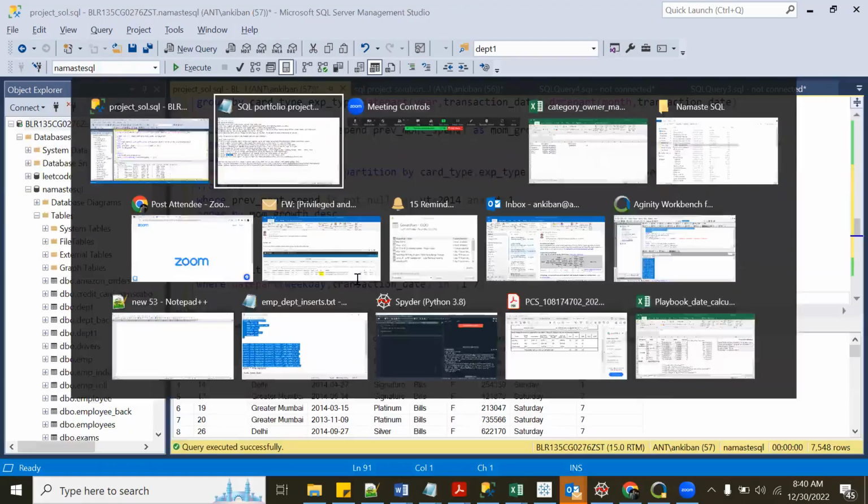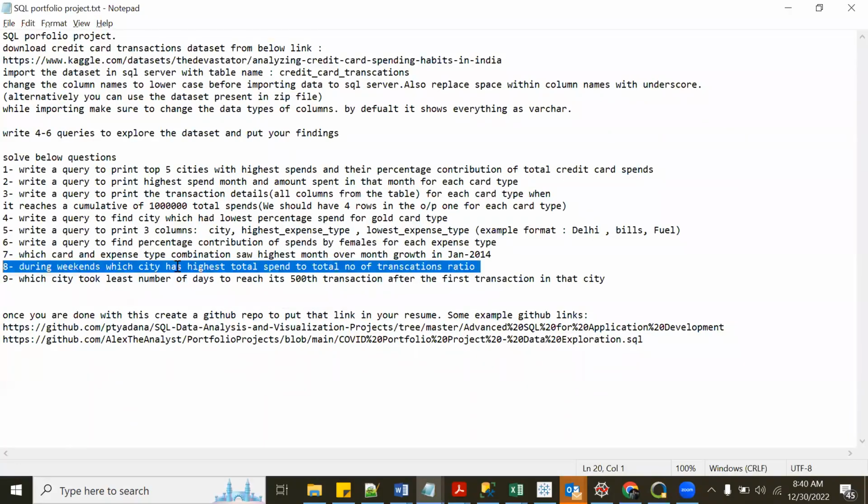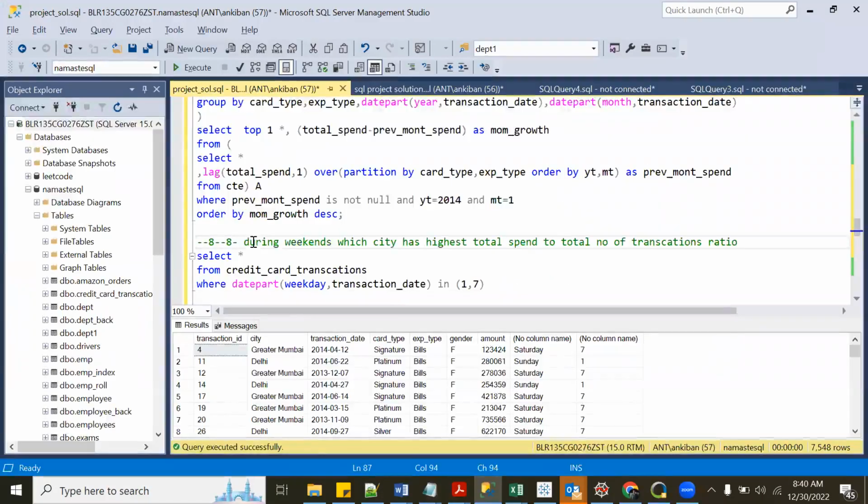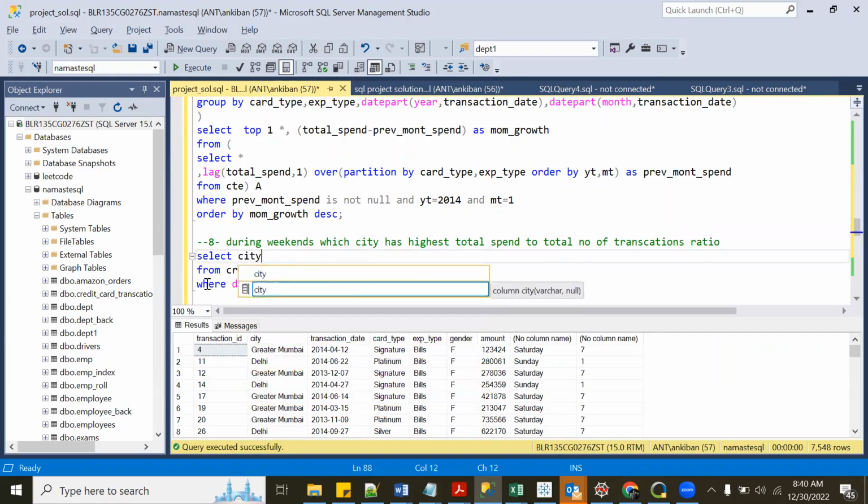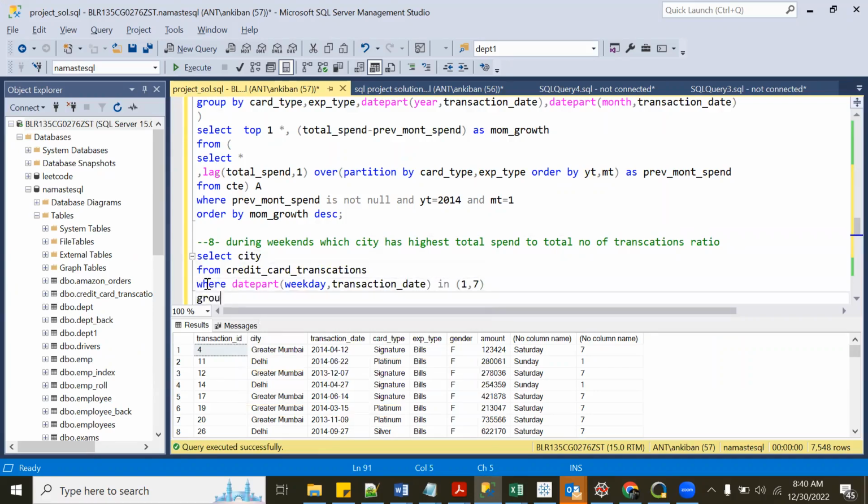Okay, what's next? The question was, let me copy it here. During weekends, so weekends is done, we have filtered the weekend data. Which city has the highest total spend to total number of transactions ratio? Simple. We need city in the output and group by city.